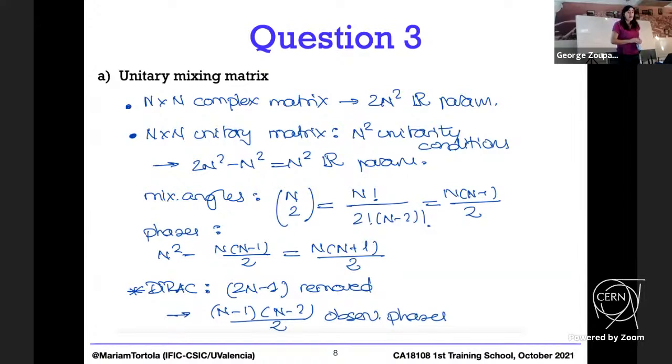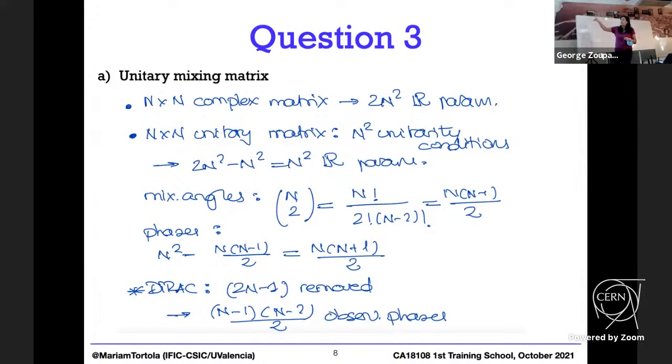Now, if we divide the different parameters between mixing angles and phases, we can see how many of each there are. For the mixing angles, one needs to think that these are angles mixing different elements two by two. So for instance, in the 3 neutrino matrix, we have θ12, θ13, and θ23. This is equivalent to the combinations of n elements taken 2 by 2.